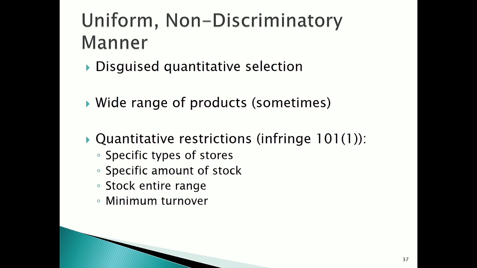If you require a specific amount of stock, if you require a store to stock the entire range of the product, so usually a reasonable range or a wide variety of the range is required, or if you require the store to have a minimum sales of the product, that is a quantitative restriction. Why is that?